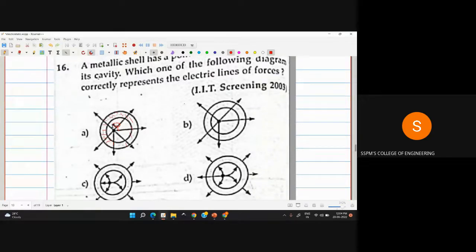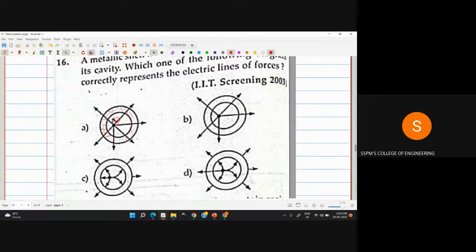So before solving this example, you should know the properties of electric field. One of the important properties of electric field is that the electric field cannot pass through a conducting medium. As soon as the electric field enters the conducting medium, that electric field becomes zero. You cannot observe electric field inside the conducting medium, isn't it?